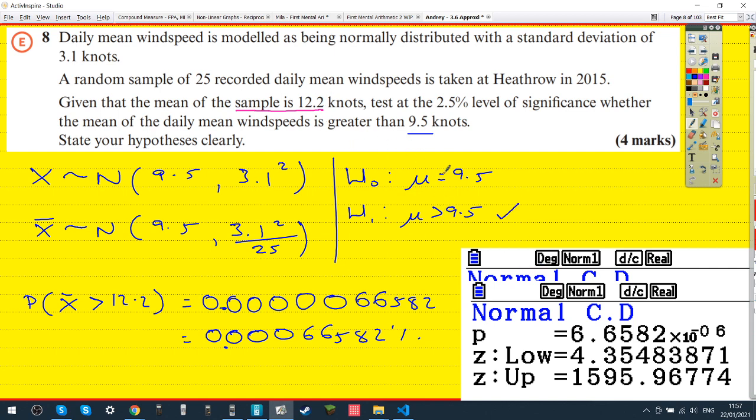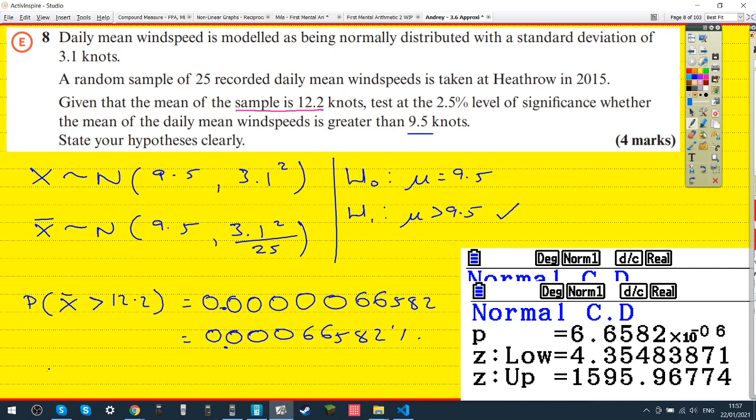If the average is 9.5 with a standard deviation of 3.1, the chances of getting a mean of 12.2 are very, very, very small, just by chance. Yeah, and so that shows the alternate hypothesis.